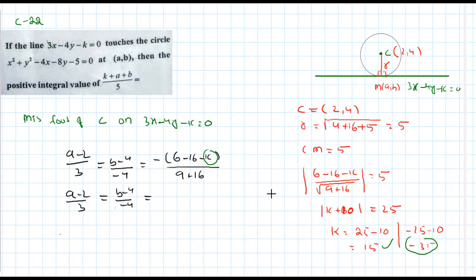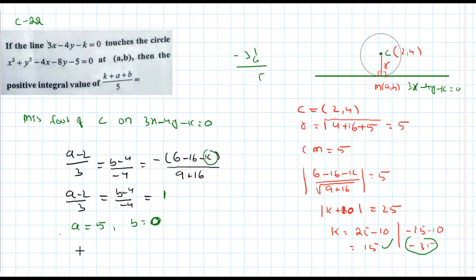Already k equal to 15. So 16 plus 15 is 31, minus 31, and 6 subtract 5... minus 25 by 25 means 1. So directly I can say that a is equal to 5 and b equals minus 4 plus 4, 0. I got a equal to 5 and b equal to 0.